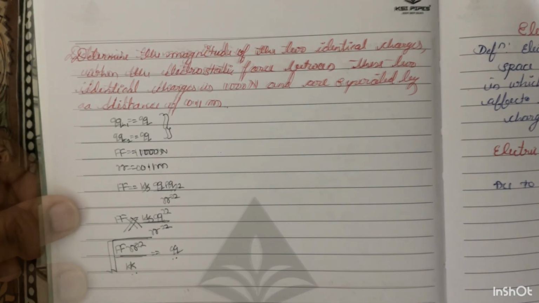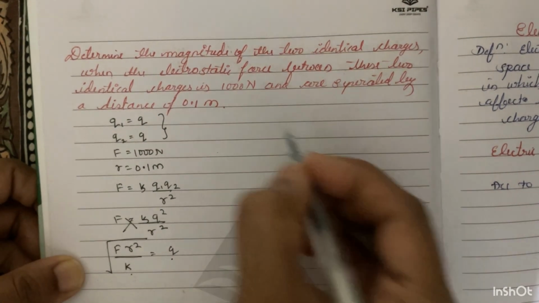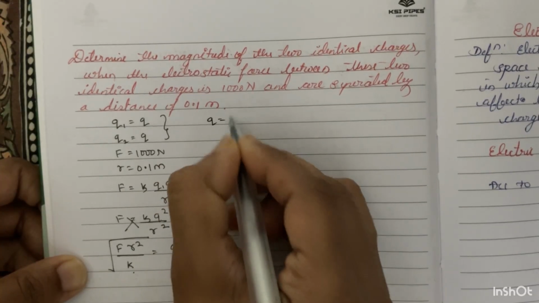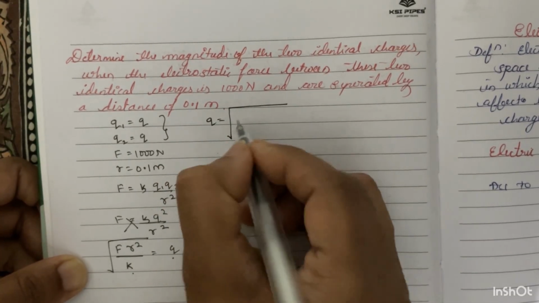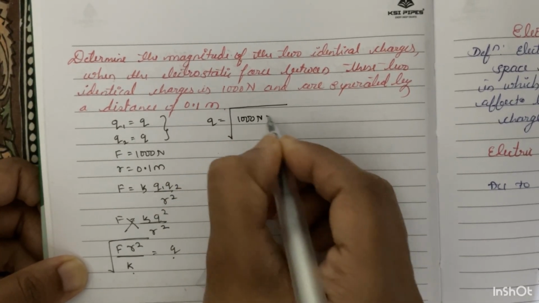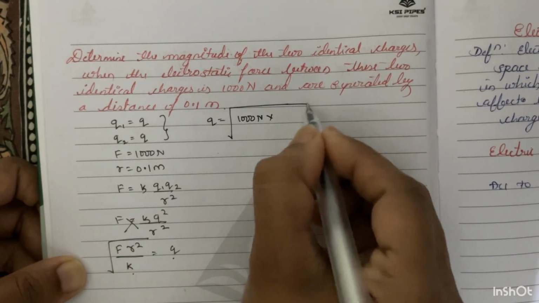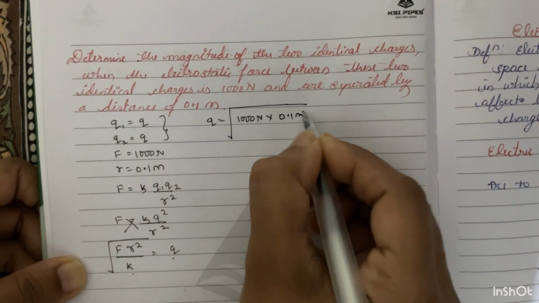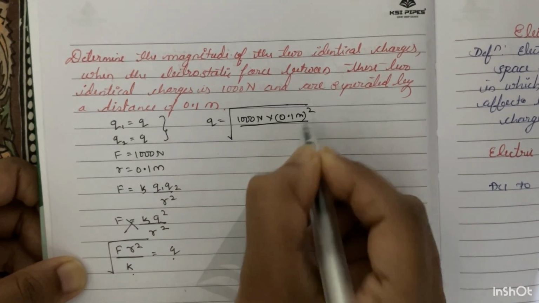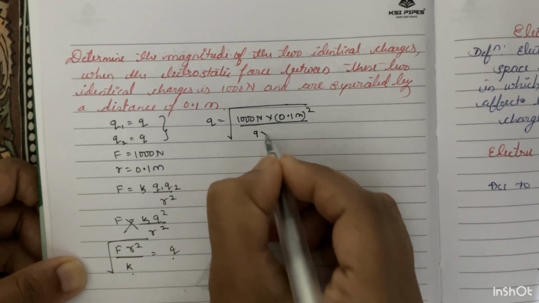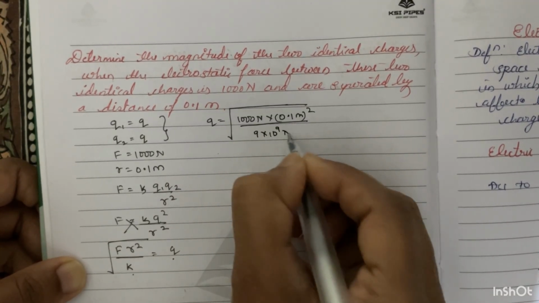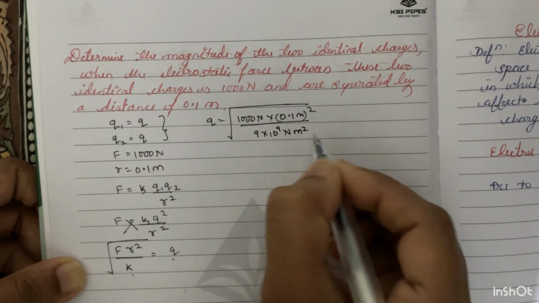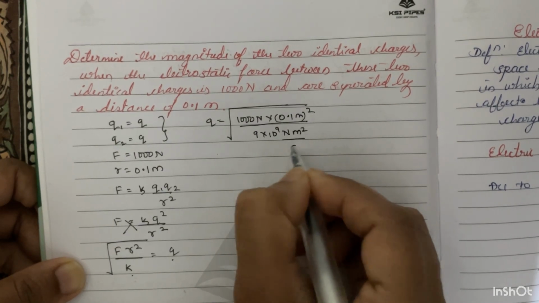Whatever values we know, we will start substituting. Q equals the square root of F, that is 1000 newtons, into R square, that is 0.1 meter bracket square, over K, which is 9 into 10 raised to the power 9 newton meter square over coulomb square.